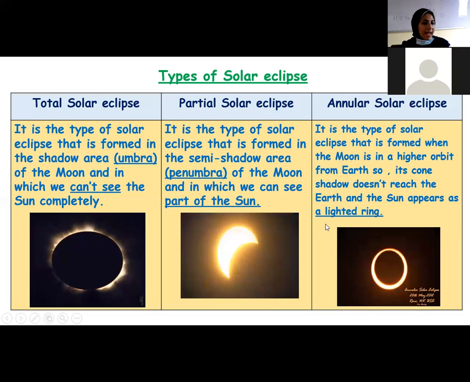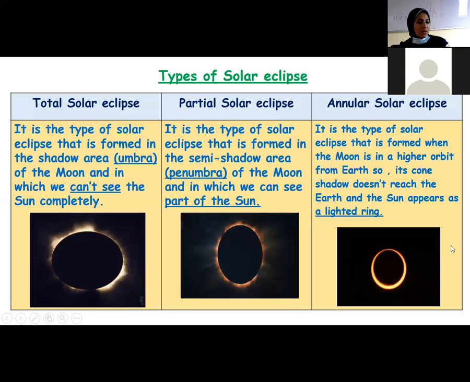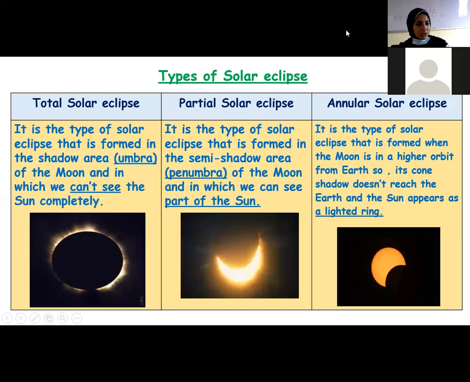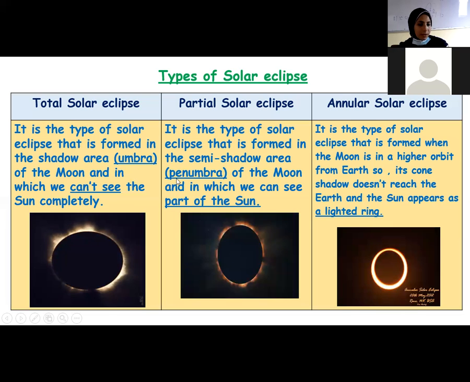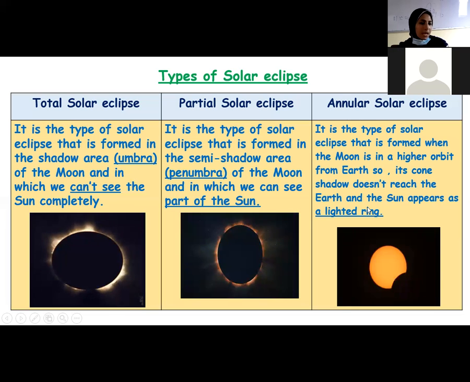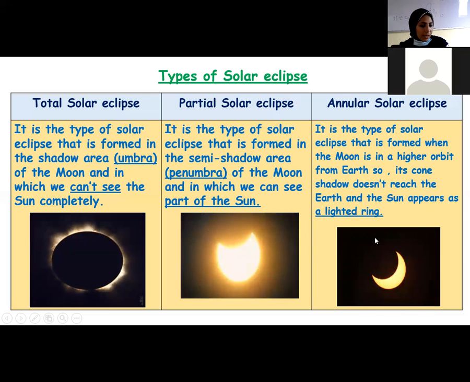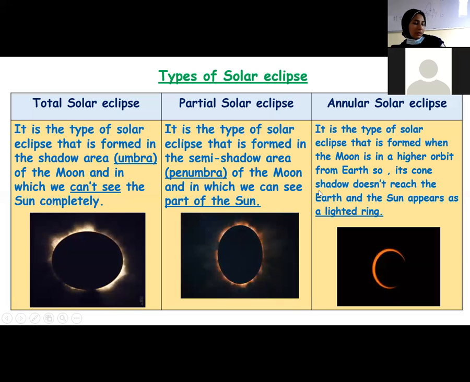The sun appears as a lighted ring, like this. So this is called annular solar eclipse. So the three types depend on the shadow: the total happens in the umbra, partial in the penumbra, and annular when the moon is in a higher orbit, in the antumbra shadow, so the sun looks like a lighted ring.